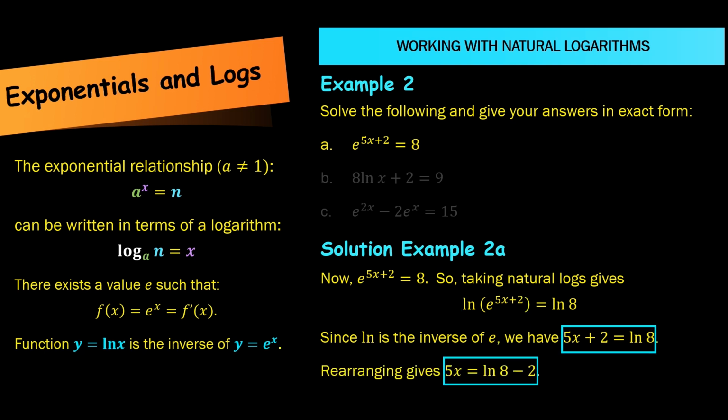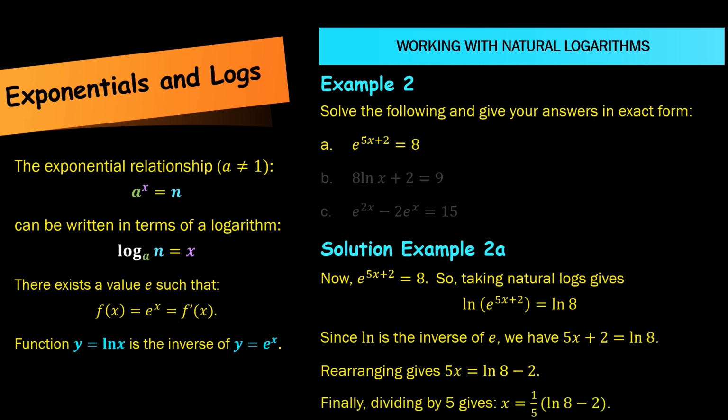And rearranging gives us 5x equals the natural log of 8 minus 2. And finally, dividing through by 5 gives 1 over 5 times ln of 8 minus 2 equals x.